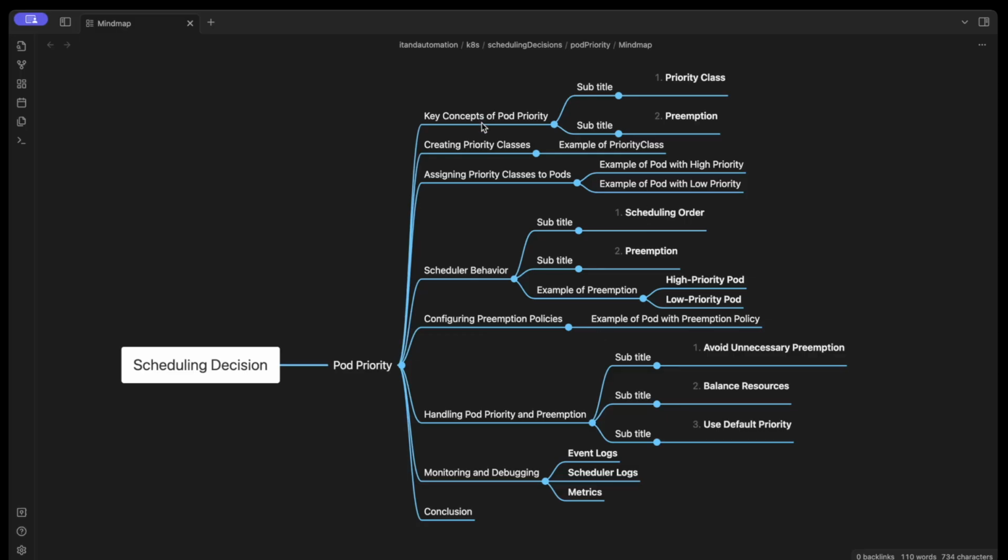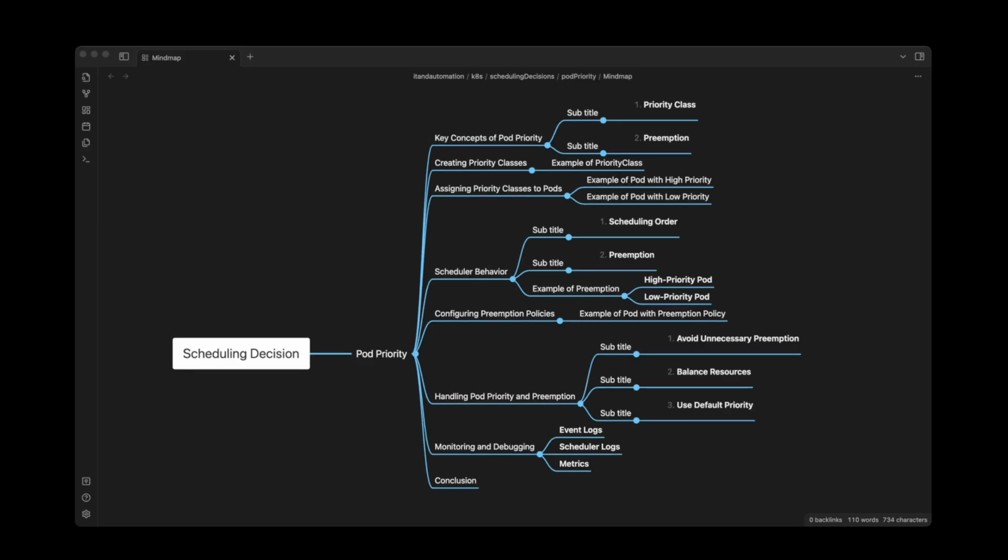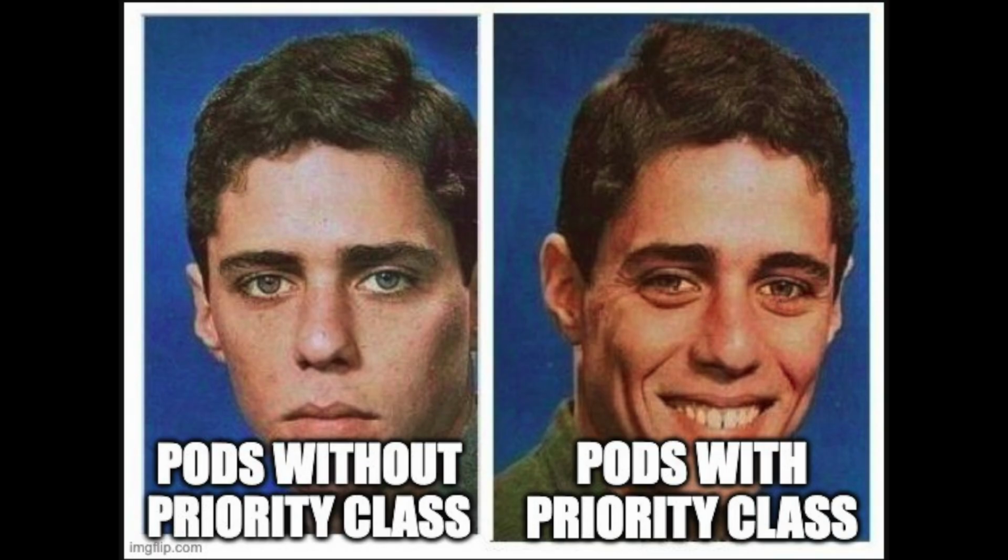So we looked into the key concept: creating a priority class and assigning that. Now from a scheduling behavior perspective, let's pick scheduling order. When there are pending pods and not enough resources, the scheduler will prioritize the pod with higher priority class values, as we covered before.